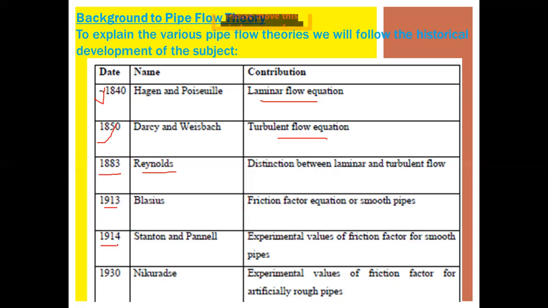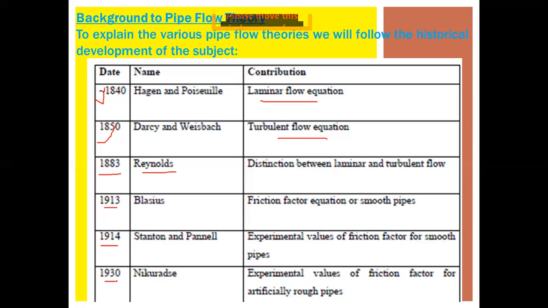Next, in the year 1914, Stanton and Pannell gave experimental values of friction factor for smooth pipes. They contributed some values for the smooth flow of pipes.